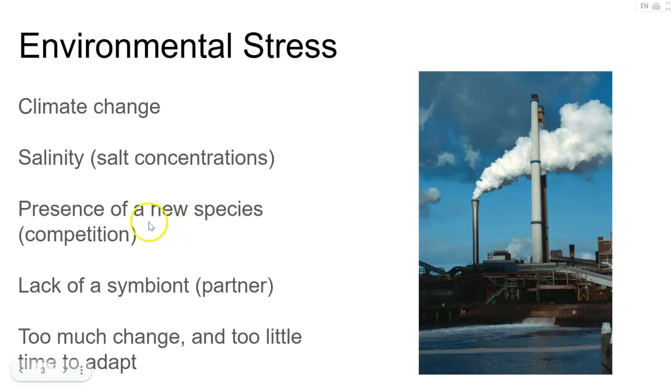This might present some competition with the existing species in that community, or if the symbiont, one of the partners in the symbiosis, is gone, that could be very stressful for the other partner. Essentially, too much change and too little time to adapt is going to constitute environmental stress.